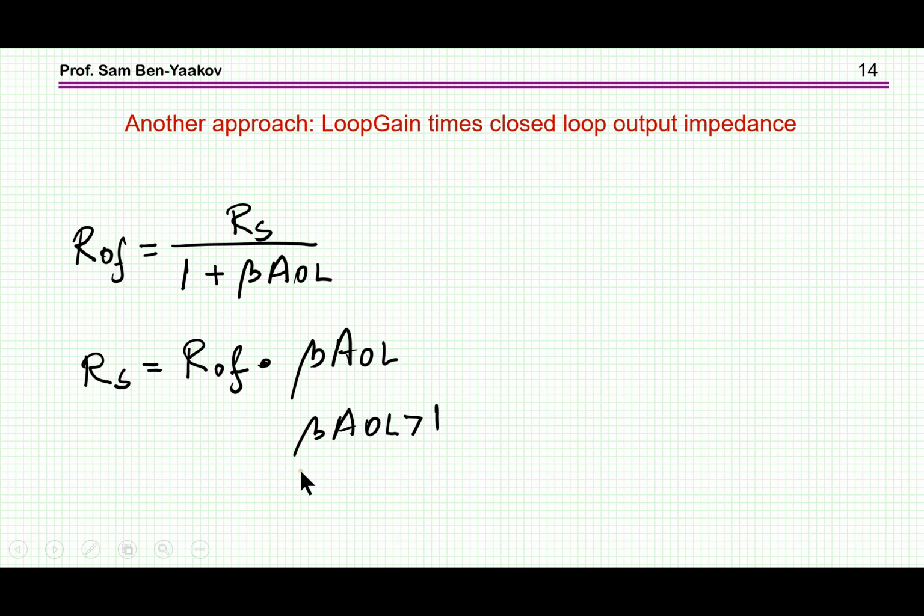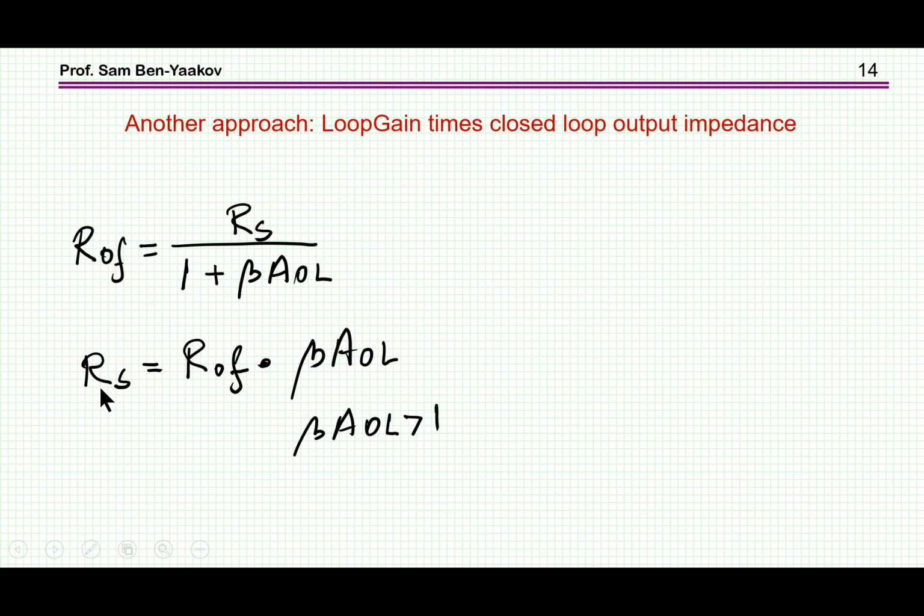So for the range that beta A open loop is larger than 1, and this is the useful range, if I multiply this by beta A open loop, and 1 is smaller than this, then it drops down, and I'm getting that this product is in fact the closed loop RS. Okay?